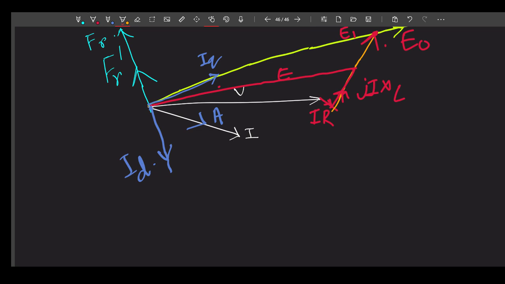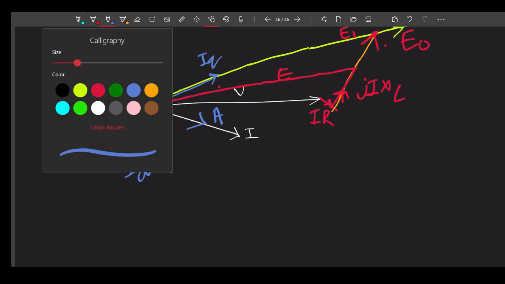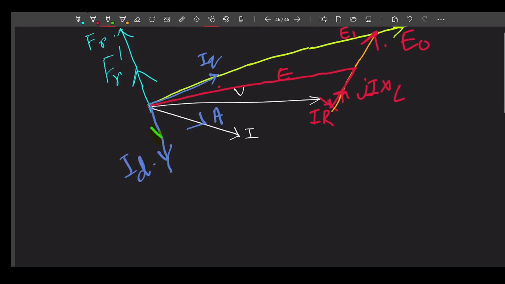So accordingly we can have our MMF also. Let the MMF be AD, and along this it's AQ, correct?